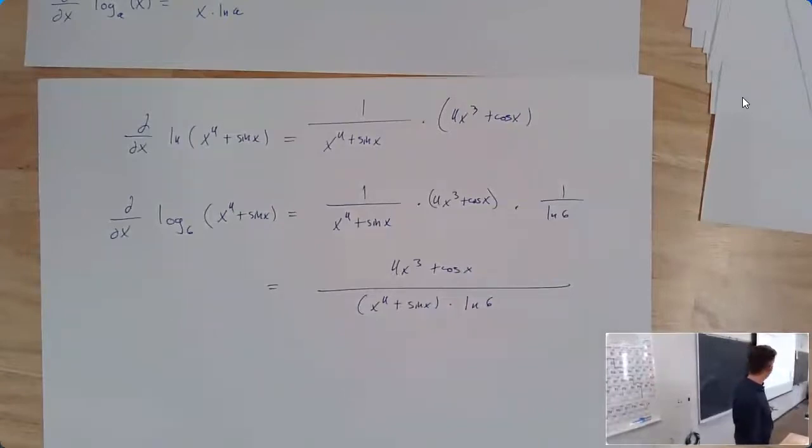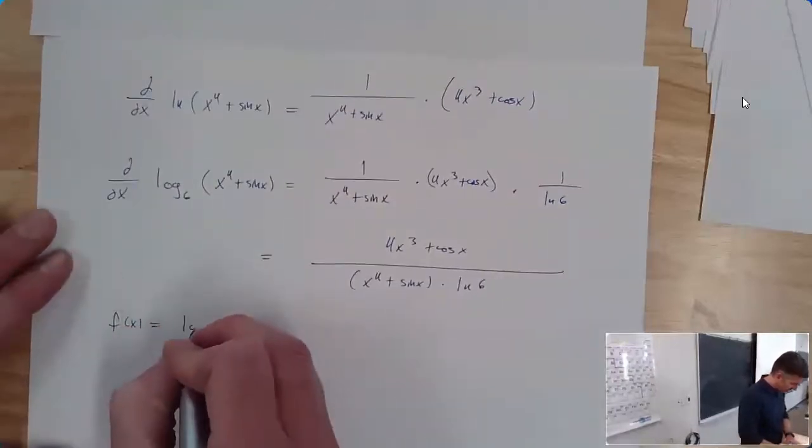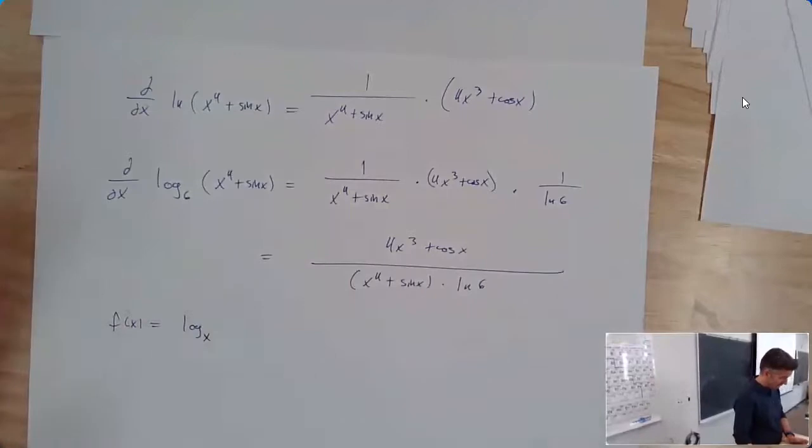So can the base ever be a variable itself? I don't think that's a function we typically think about. Yeah, that would be strange. It depends on what you're writing. Like, if you said your function was log base x of what?